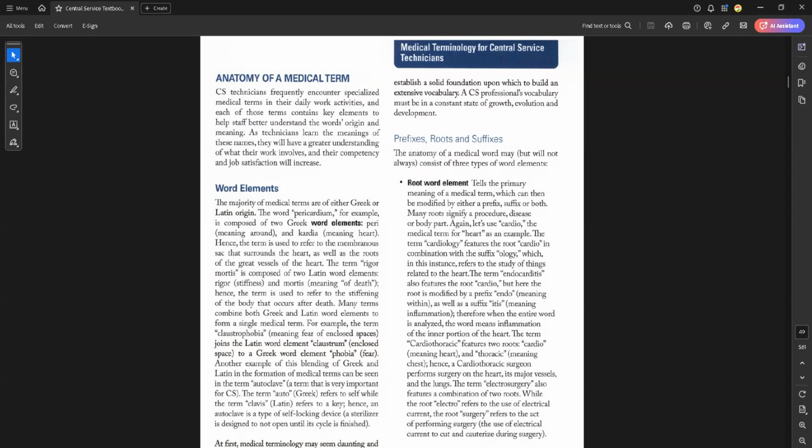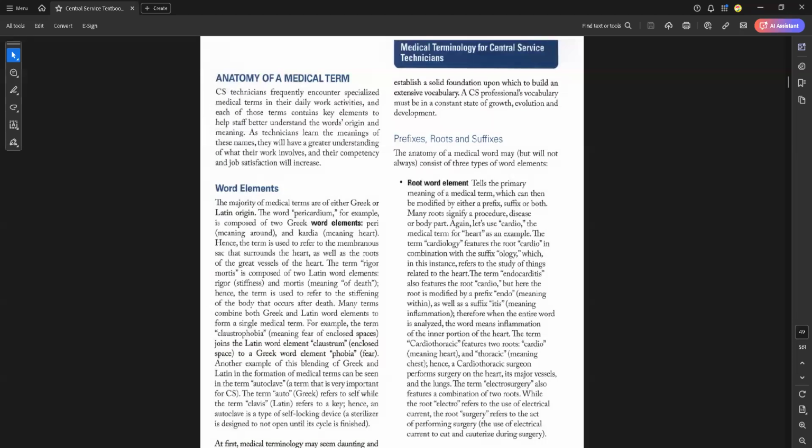Now, the roots. You see, the root gives meaning. For example, if I mention my name, is it Michael Black? Is it Michael White? Is it Michael Green? So the main name must be Michael.